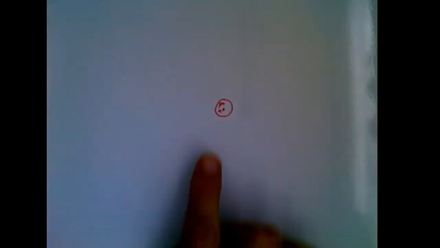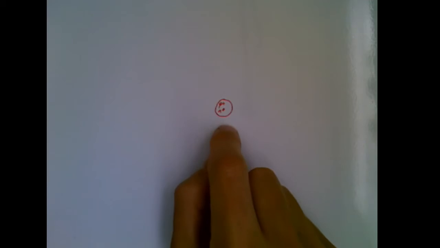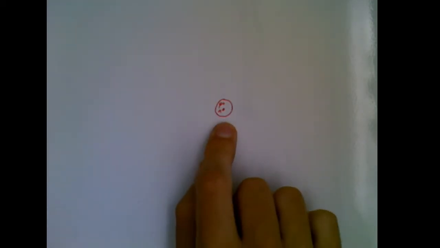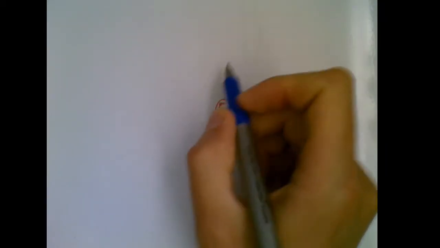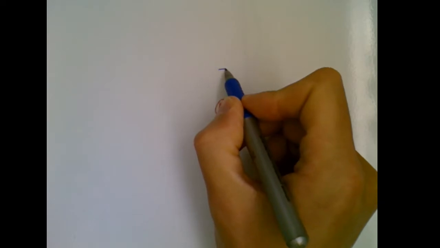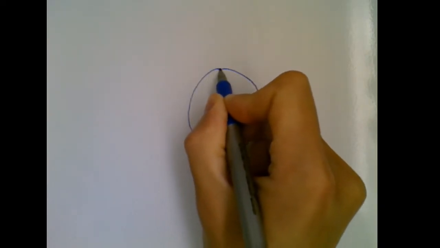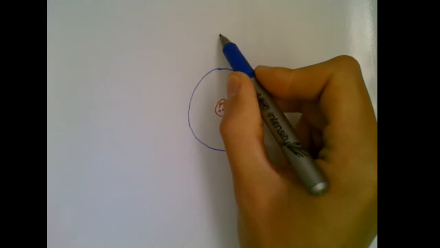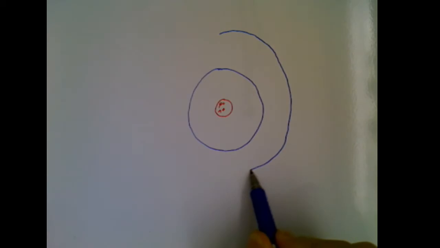The Bohr model starts with a nucleus. Inside the nucleus are the protons and neutrons, and that's no different because Rutherford discovered this, and we know that that is true. The next thing is he said there are electrons, and those electrons exist in different, what he called orbitals.